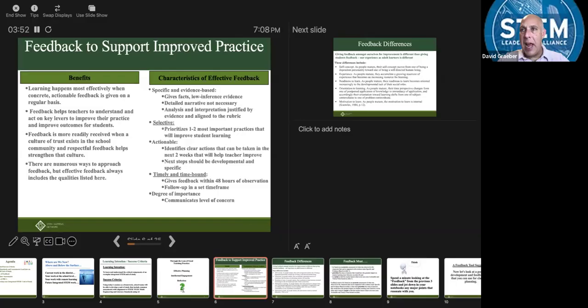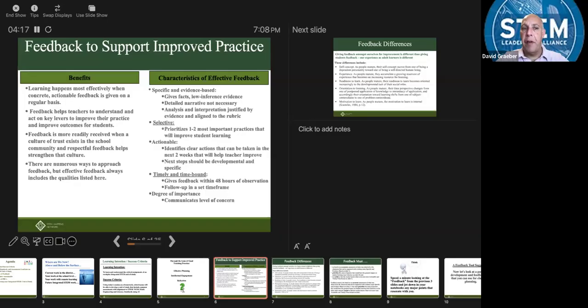We want to take that same idea and think about it in terms of how we can improve our curricular opportunities for students. Meaning, whether it's a grade team planning, whether it's a vertical team planning, either way, feedback is a key lever for developing and modifying curricular planning, right?